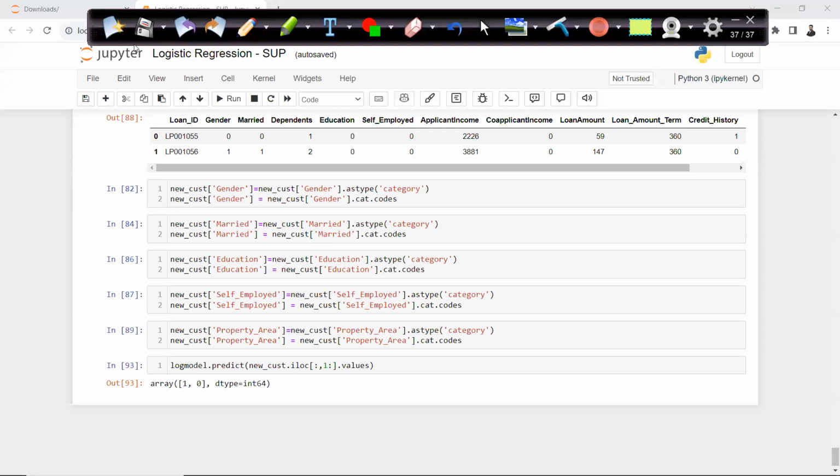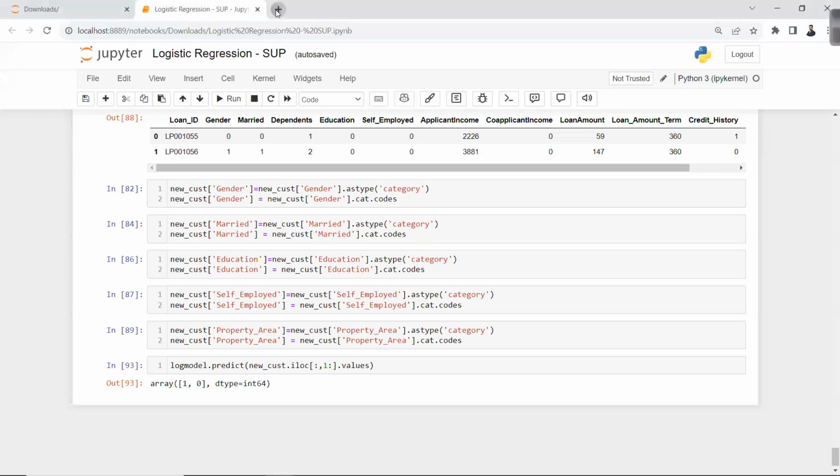Right. L1 regularization is also known as lasso regression, and L2 regularization is also known as ridge regression. So there's a concept called L1 and L2 regularization.